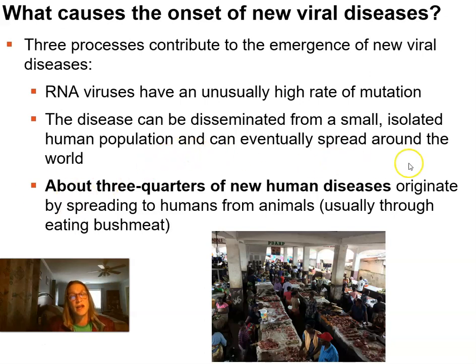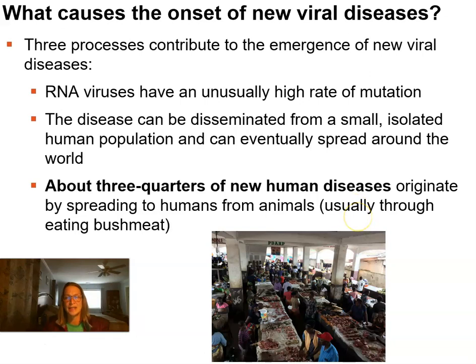And one thing that you may or may not know is that about 3/4 of new human diseases, and this includes the COVID-19 disease, originate from other animals, non-human animals, and they are spread from animals to humans, usually through these wet markets where people are hunting wild animals and then eating wild animals.